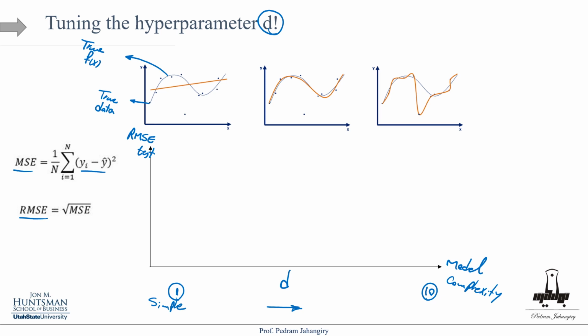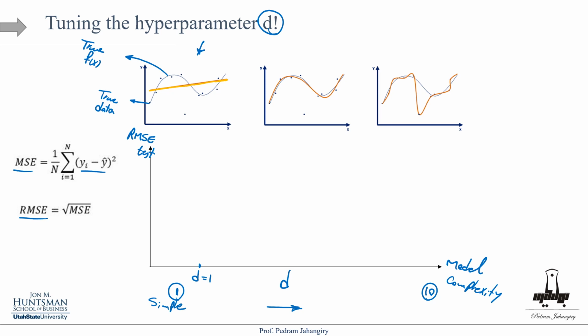All right, now let's try to, roughly speaking, visualize this plot, right? Imagine we start from here when d is equal to 1. If d is equal to 1, look at this line. We're going to get a linear regression, and the fit is also a line because it's the polynomial to the power of 1. And as you can see, this model with polynomial degree 1 is not capturing the true relationship in the data. We know that the true relationship is curved, but this is a simple line.